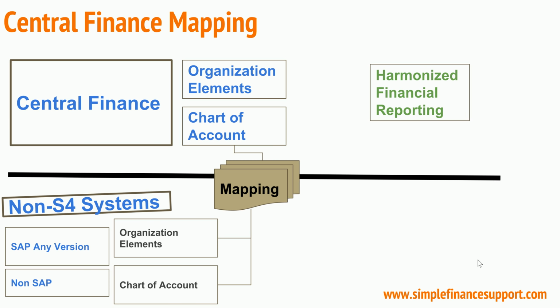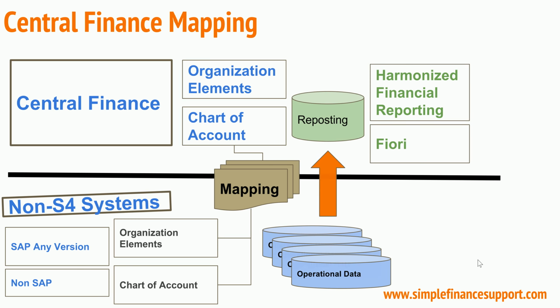Once that mapping is done, you will look at the operational data and see what transactions have to be reposted in central finance so that you can report on them. For example, you may not be posting every single transaction that is happening. Let's take the example of taxes.